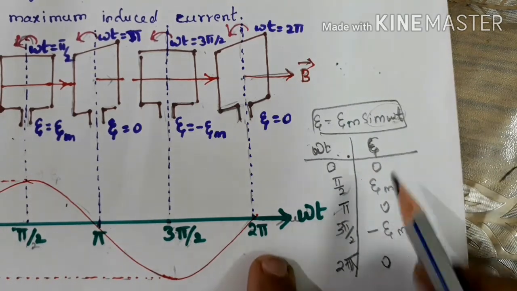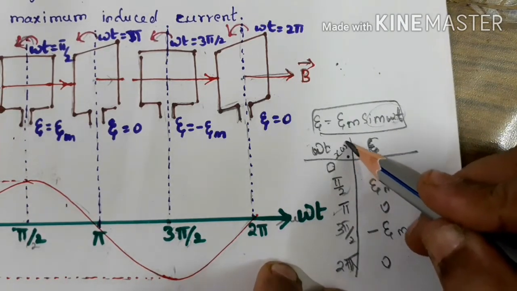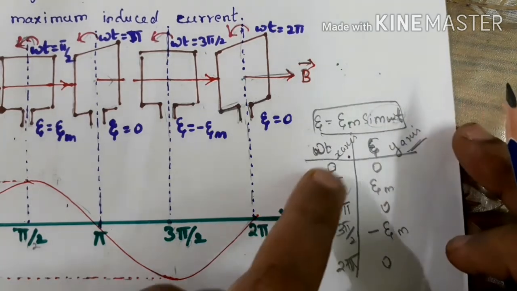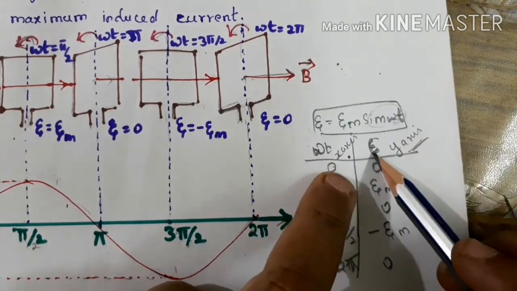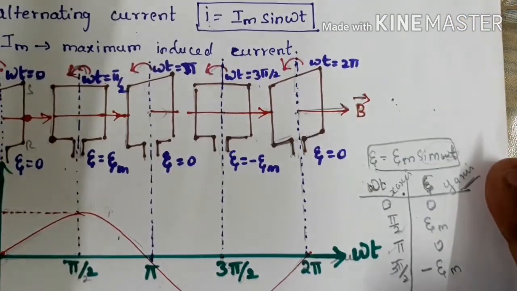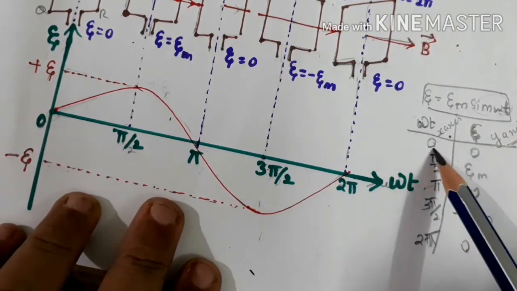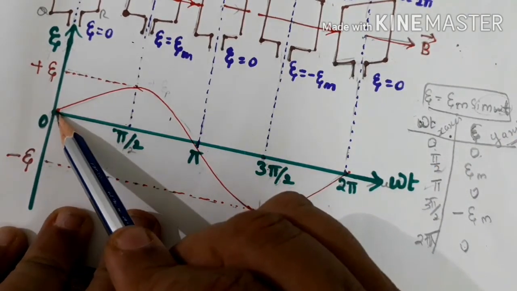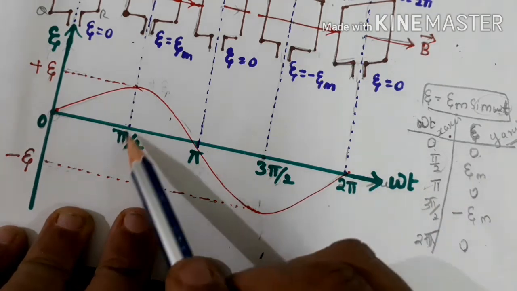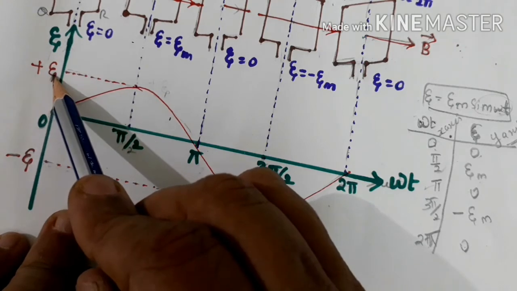I have plotted this as a graph, children. Take this to be the x-axis and this to be the y-axis, omega t along the x-axis and epsilon along the y-axis. If you plot this, you will get this. See, 0, 0 is here, and next is pi by 2, epsilon m, that is positive epsilon m.